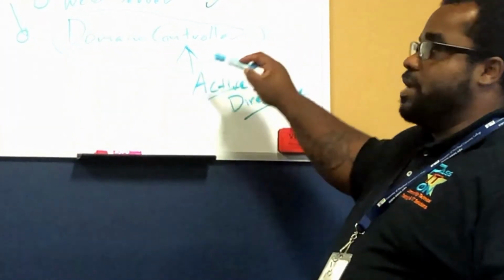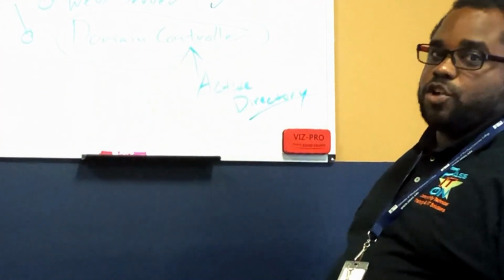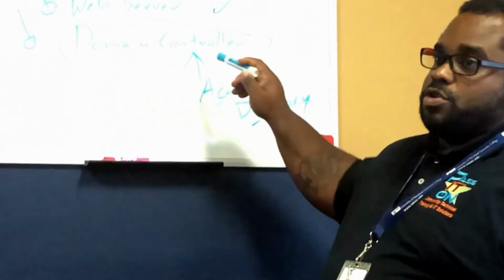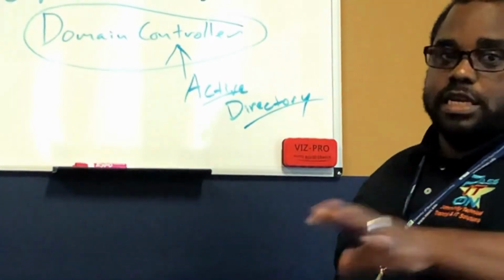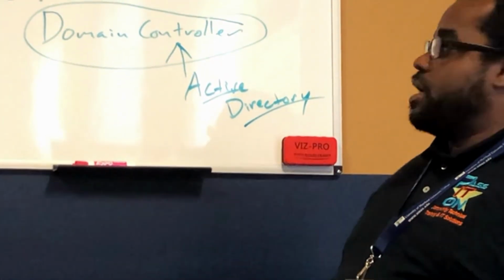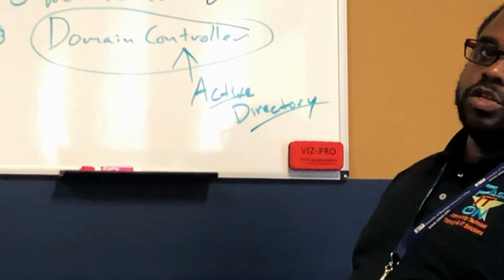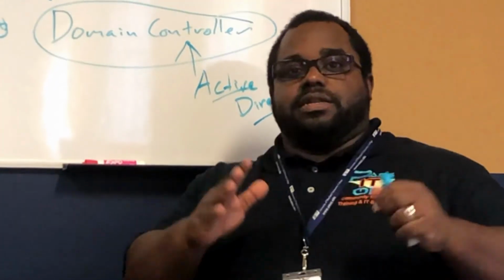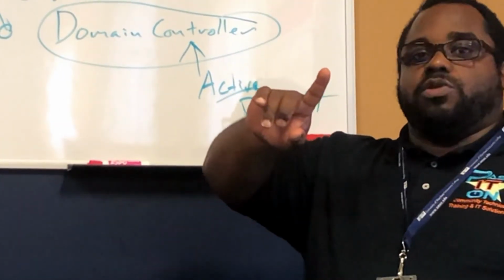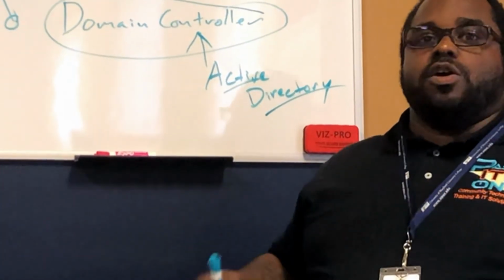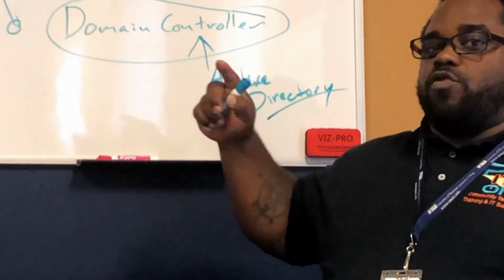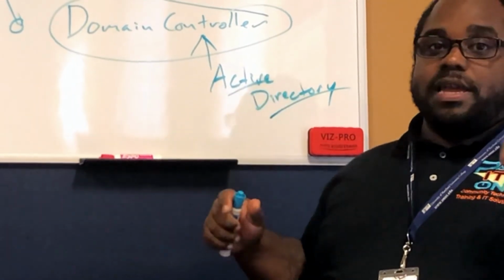So as a systems administrator, this is going to be a really important server for you to manage, because this is where you go not only to manage the server itself, but to manage all the other objects on your network. Right. There can be multiple domain controllers in your network, but only one domain controller can be in charge. All of the other domain controllers that you build will be replicas that'll report up to the primary domain controller.